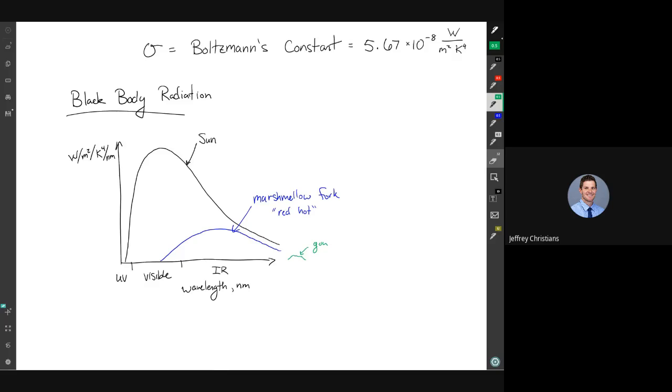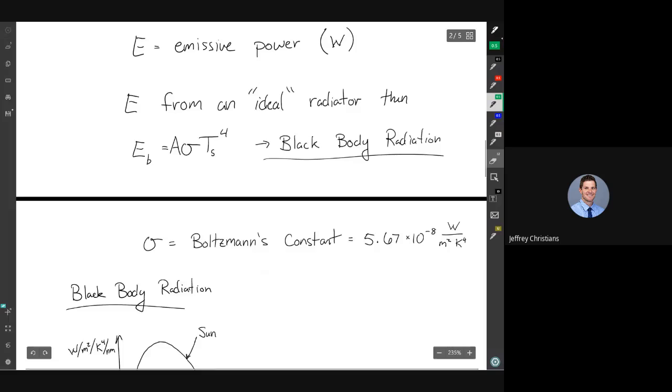Also the amount changes. You can see the sun is emitting a lot more light, a lot more power, than your marshmallow fork, which is emitting a lot more power than your body, and that scales as temperature to the 4th power. So radiation at your body temperature is itsy bitsy teeny weeny.